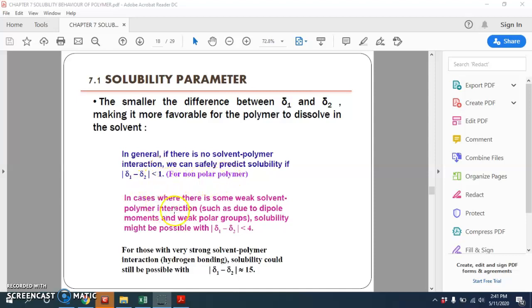In cases where there is some weak solvent-polymer interaction, such as due to dipole moment and weak polar group, solubility might be possible with sigma 1 minus sigma 2 is less than 4. For those with very strong solvent-polymer interaction, which is hydrogen bonding, solubility could still be possible with approximately 15.